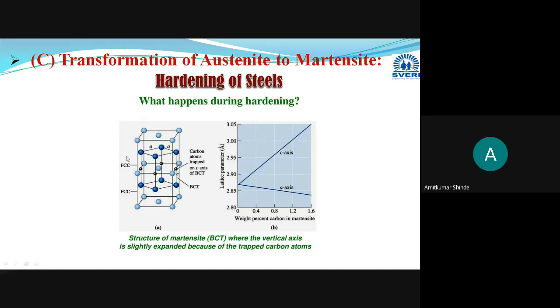Here we are having two BCC structures, body centered cubic. Just concentrate on this cubic structure with the lighter color. Two BCC crystal structures are there, and it will get compressed vertically.